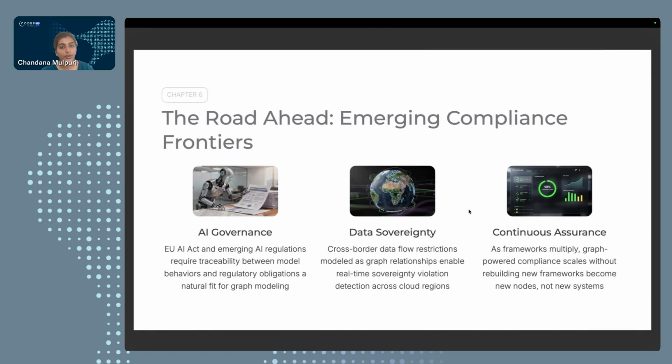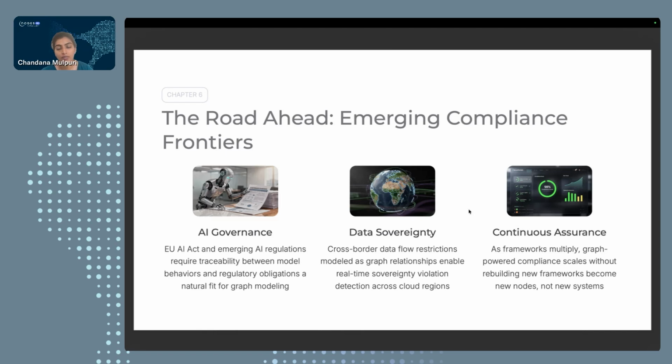Considering the road ahead, emerging compliance frontiers, AI governance, let's talk about this. The EU AI Act and emerging AI regulations require traceability between model behaviors and regulatory obligations, a natural fit for graph modeling. If we talk about data sovereignty, cross-border data flow restrictions modeled as graph relationships enable real-time sovereignty violation detection across cloud regions.